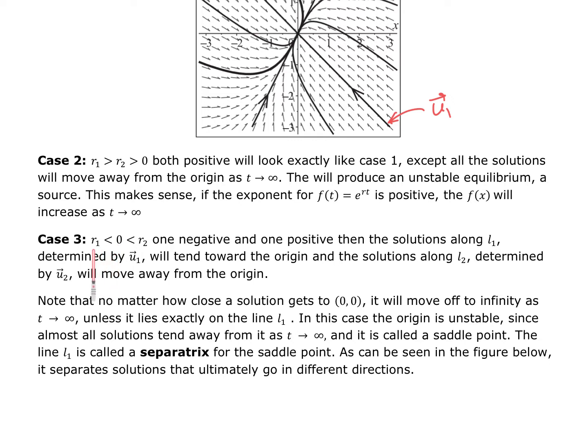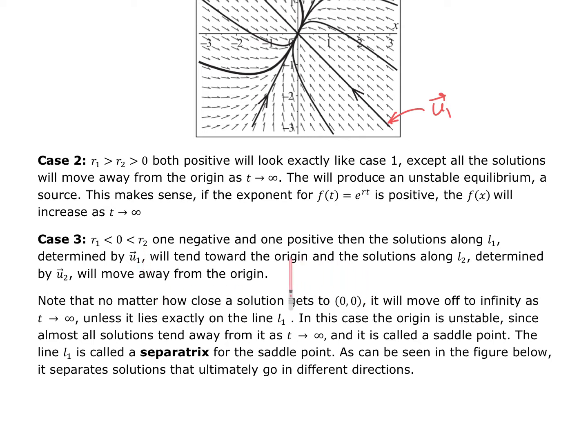Now, what happens when I've got one positive and one negative? And I'm talking about my eigenvalues. Well, the line L1 is associated to the eigenvector of the negative lambda 1, and we have L2, which is determined by lambda 2, in this case positive.